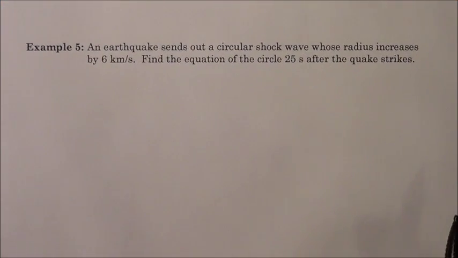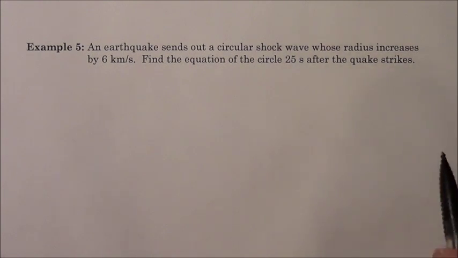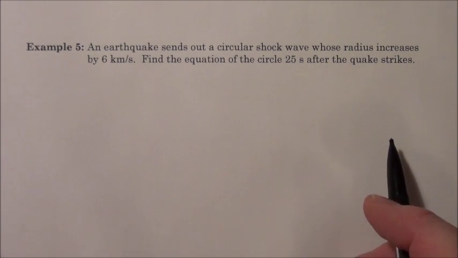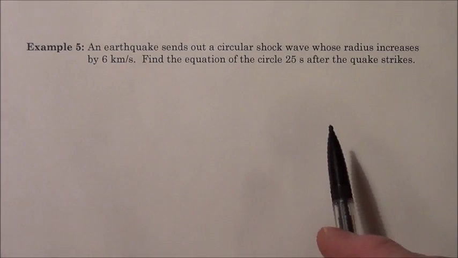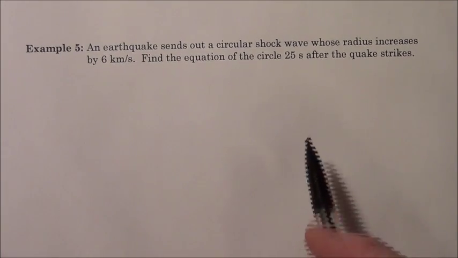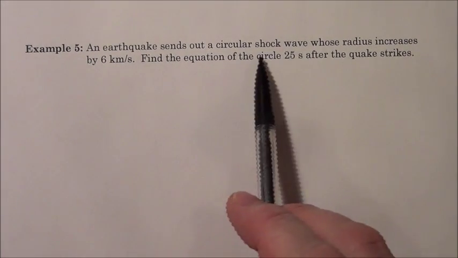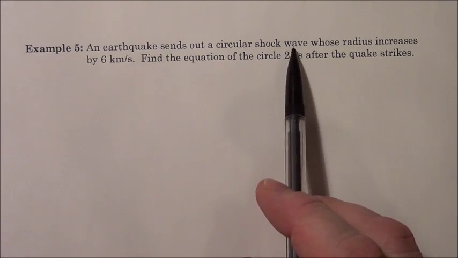And let's take a look here at a little bit of a real life situation, especially if you live in Tierra del Fuego or the Pacific Rim, where there's lots of earthquakes and lots of plate tectonics moving around and forming all kinds of tremors. An earthquake sends out a circular shock wave. That's why they call it an epicenter.